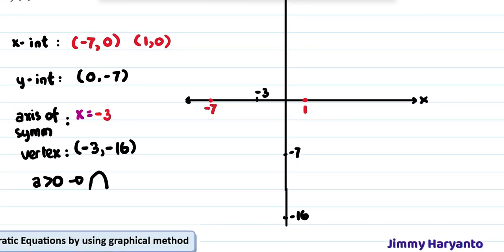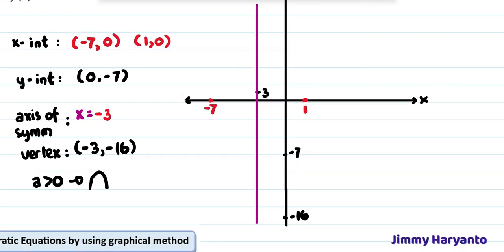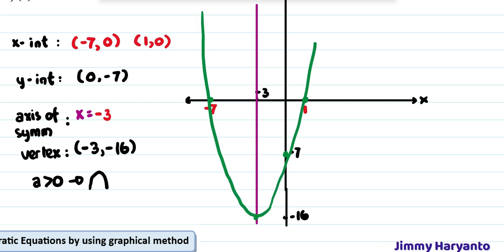Okay, so first I can draw the axis of symmetry. The axis of symmetry will be like this. That is the middle line, yeah. And then we have a lot of points right here, right here, right here, and right there. You only have to connect them. Just connect them like this.